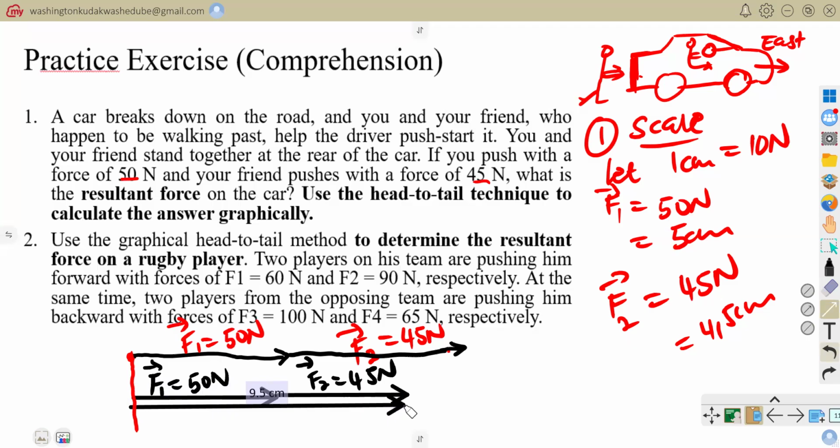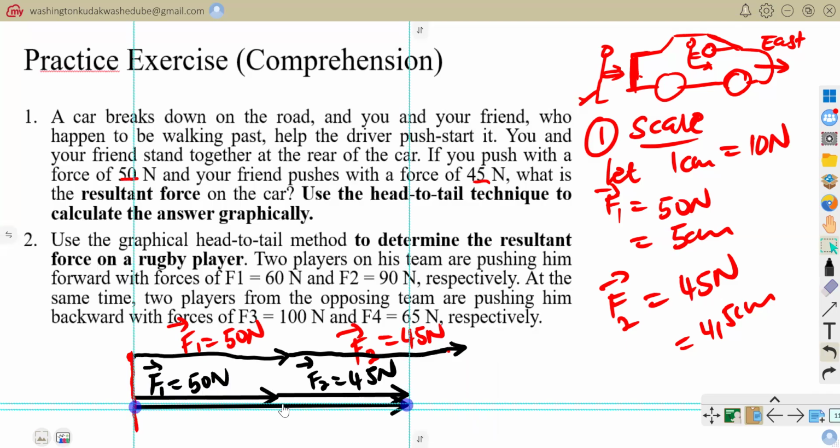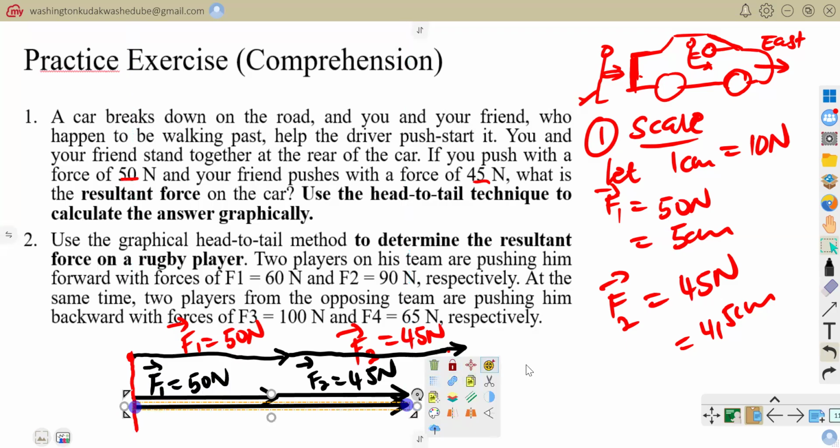That becomes my resultant, from where I started to where I ended. You can see, guys, that this represents my resultant.